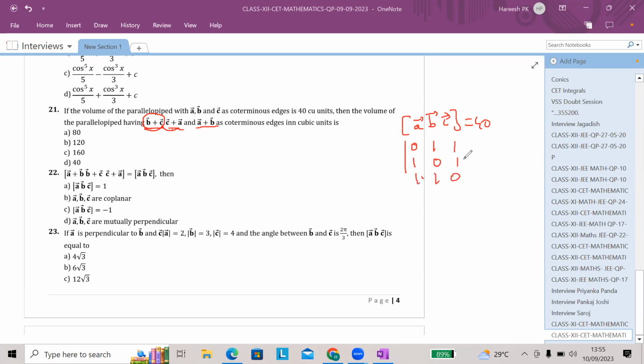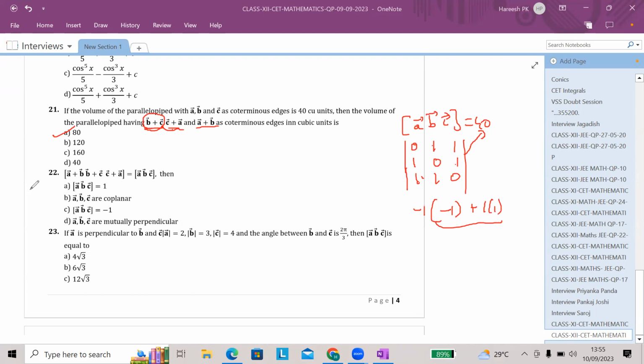C is 0. So you need to calculate this determinant and just multiply this determinant into 40. That will be your answer. So minus 1 into minus 1 plus 1 into 1. So you will get 2 times 40. So the answer is 80.